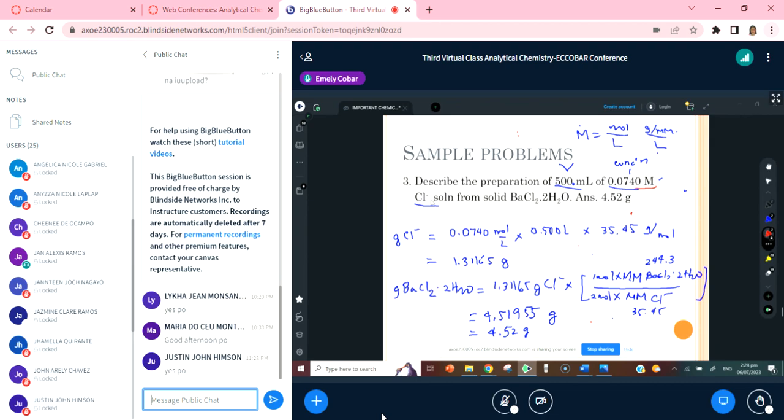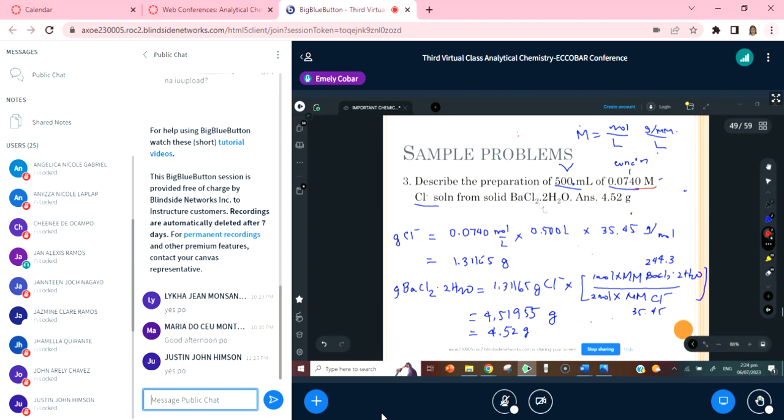Ang available lang daw is, in this you will get your chloride from what? From the barium chloride dihydrate. Okay? So again, okay, gagamit tayo ng chemical factor or gravimetric factor. And as I've said kanina, we use gravimetric factor if we would like to get an amount of a constituent of a given compound. So barium chloride dihydrate, okay, constituent niya is we get chloride from here.